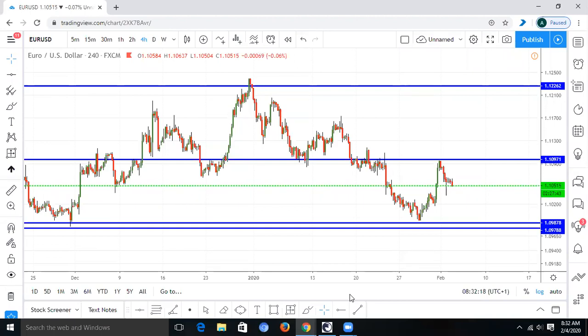When you use a day or 4 hours time frame to draw your support and resistance, and you go back to like 30 minutes or 5 minutes to check the support and resistance that you draw, you don't see it again. I don't know why. When you go back to 15 minutes or 1 hour, you are on your phone.